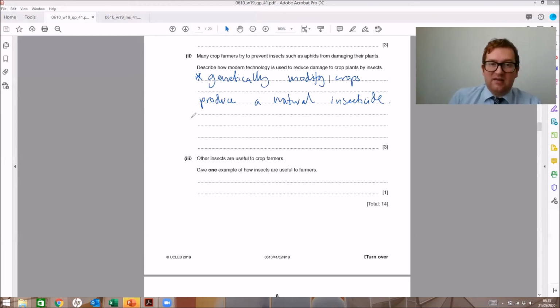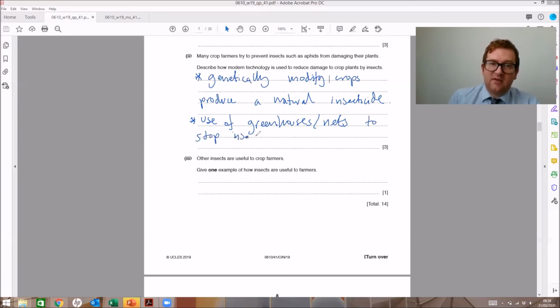The other part to think about as well is that rather than having our crops out in the open, we have greenhouses. We could have other external barriers to prevent aphids getting to our crops. So you could say here, use of greenhouses and nets to stop insects.